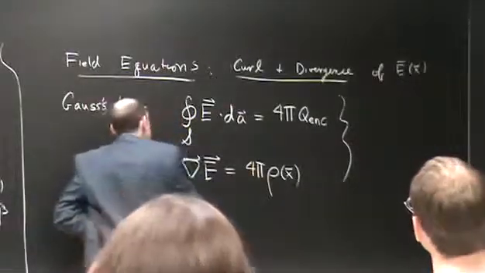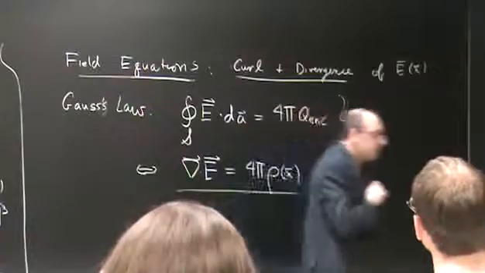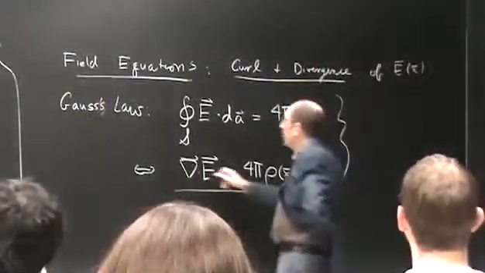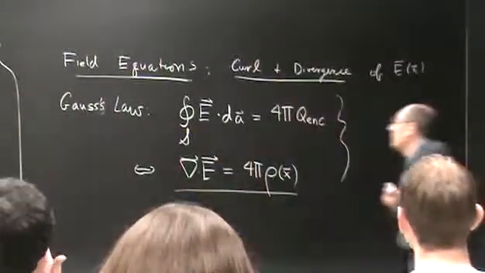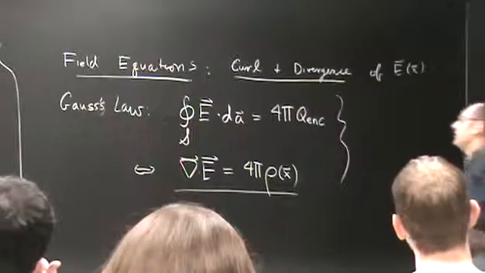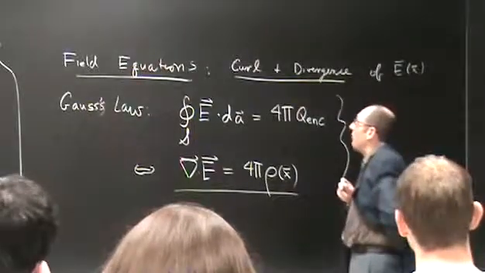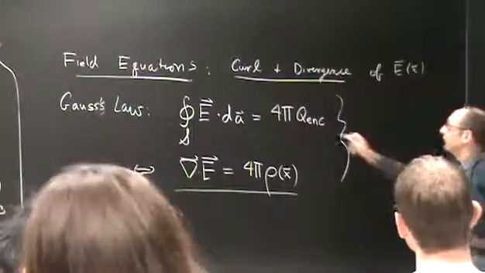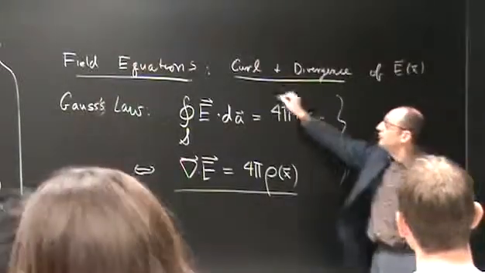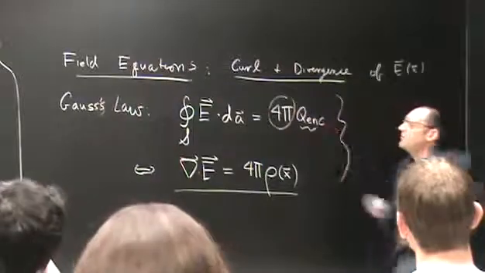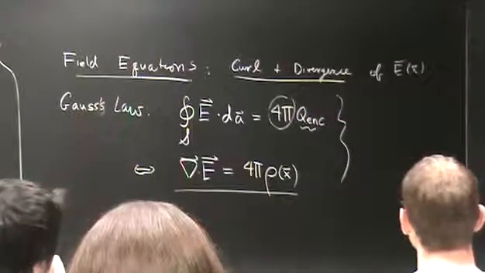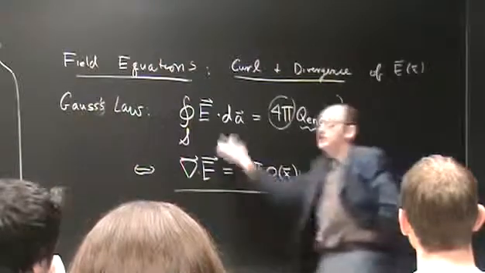Gauss's law relates to the divergence of the field, which, based on the divergence theorem, can be related to the flux through a closed surface. And that flux is equal to 4 pi, the 4 pi steradians, times the charge enclosed in the volume bounded by the surface.